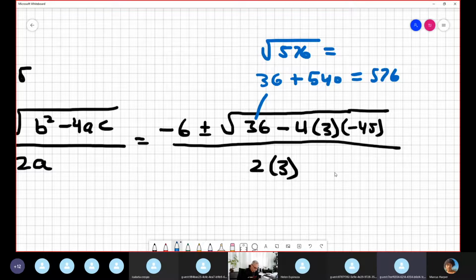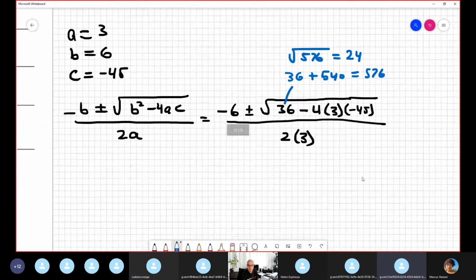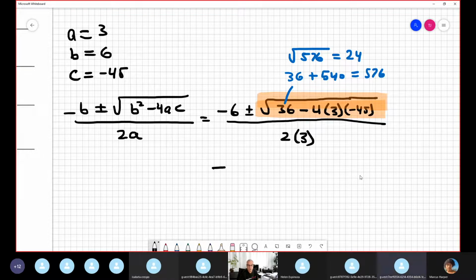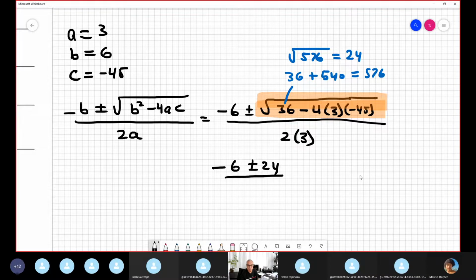The square root is the important part. The square root of 576 is 24. Highlight that. So this entire part, including the square root, is 24. You replace it: negative 6 plus or minus 24 divided by 6.